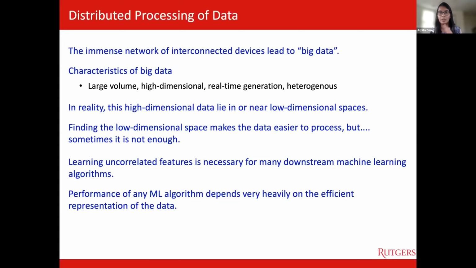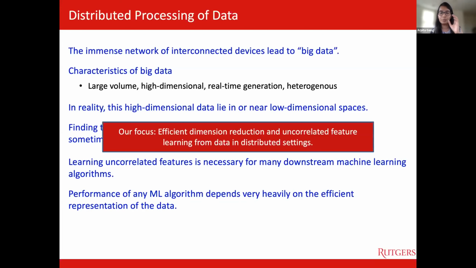The features are uncorrelated with each other. And we all know that the performance of any machine learning algorithm depends very heavily on how well the data is represented, how well the data is pre-processed before giving it to a machine learning algorithm. So the data pre-processing step, in a way that we can learn a smaller set of uncorrelated features, is an important pre-processing step.